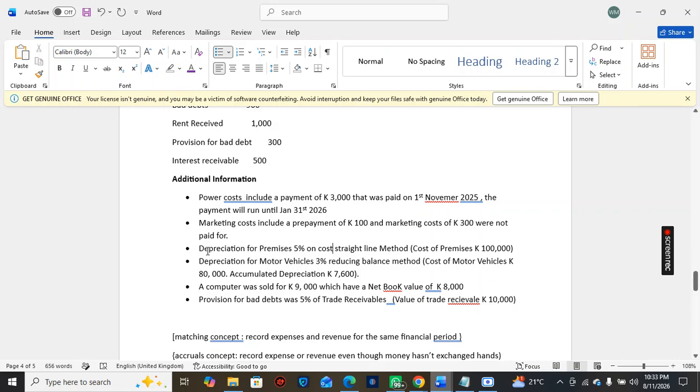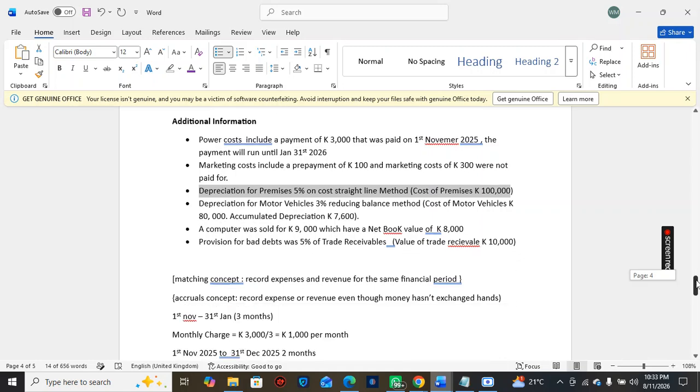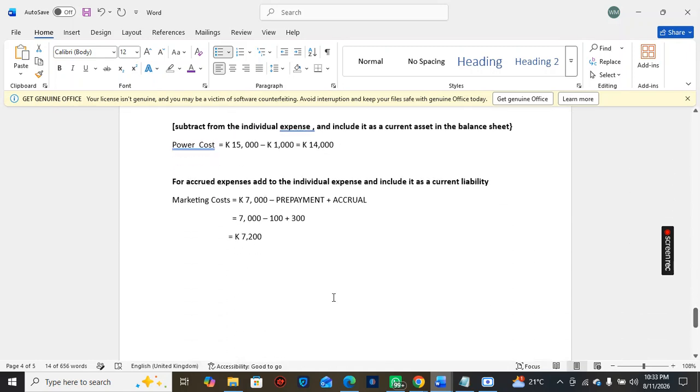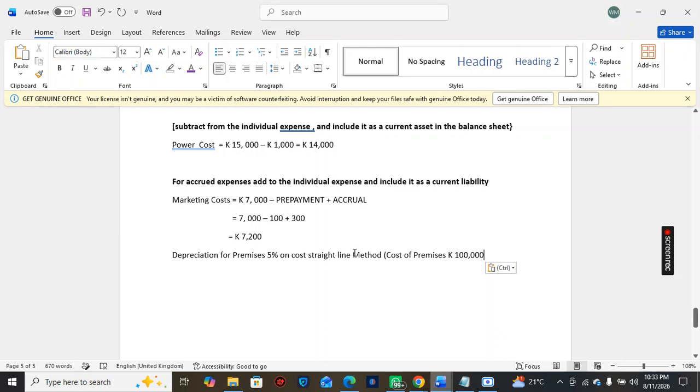Okay. So, they've told us the value of the premises is 100,000. So, we need to calculate the depreciation. Okay. So, this is what we do. The straight line method is just the rate times the cost. Say depreciation rate times the cost. All right.